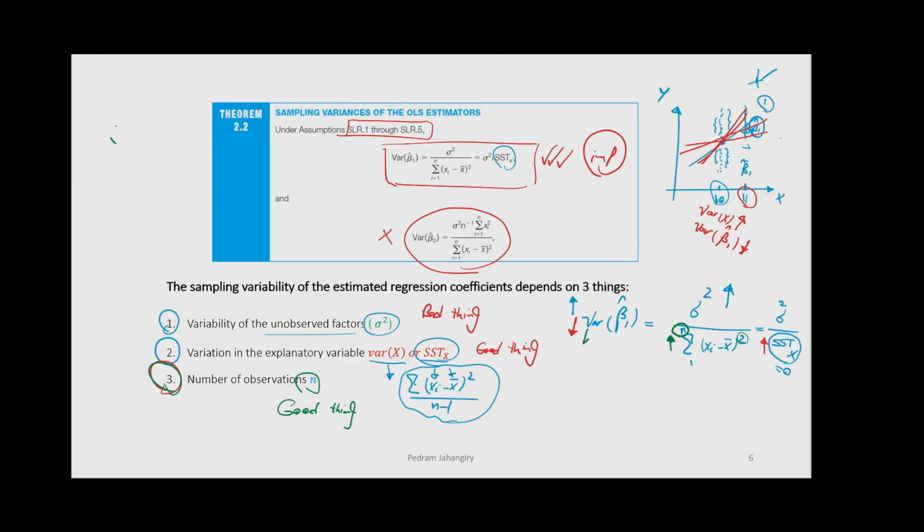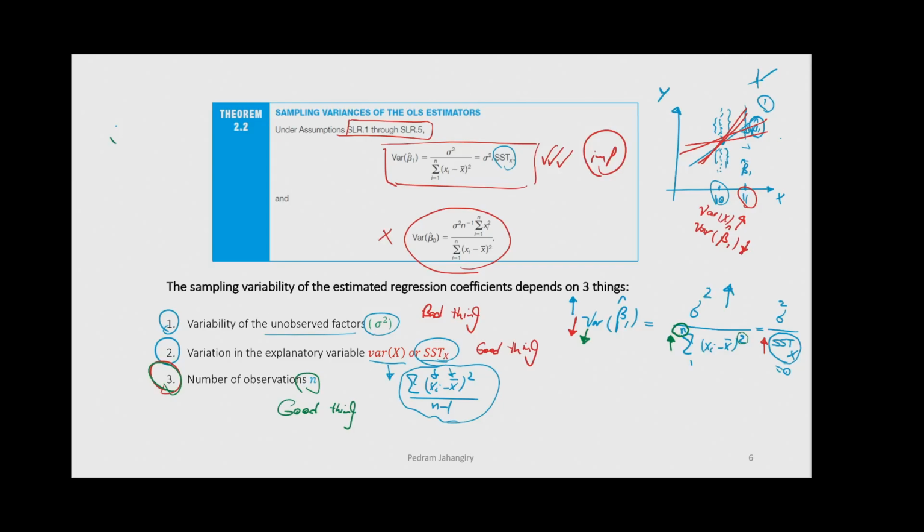So it's good news. It's going to decrease your variance of beta hat 1. So these are the three things that your variance of beta hat 1 depends on for the simple regression model. In the next chapter, when we have the multiple regression model, we add one extra feature to this variance of beta hat 1. But for now, it depends on three things.